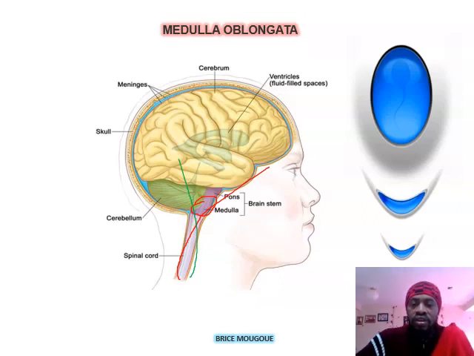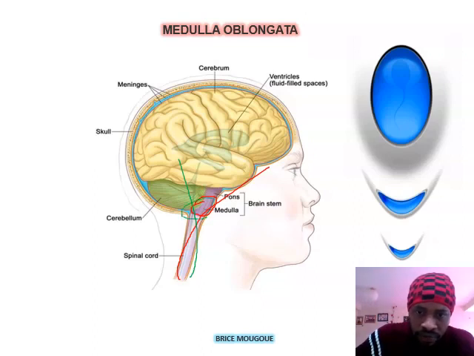They cross each other in the medulla oblongata, and that's what gives us the effect that we observe, such that the left cerebral hemisphere controls the right side of the body, and the right cerebral hemisphere controls the left side of the body, vice versa, because of that crossing of nerve fibers happening where? Happening at the level of the medulla oblongata.